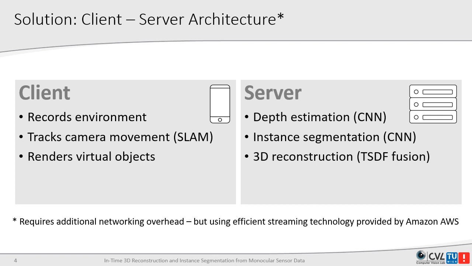And our third microservice is 3D reconstruction, which uses the estimated depth map to project both the RGB as well as the instance segmentation map into the 3D space and fuse or merge continuous frames from different positions.